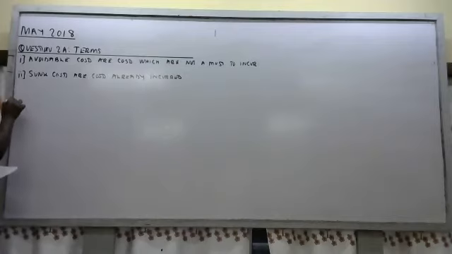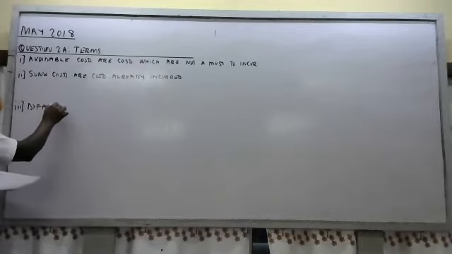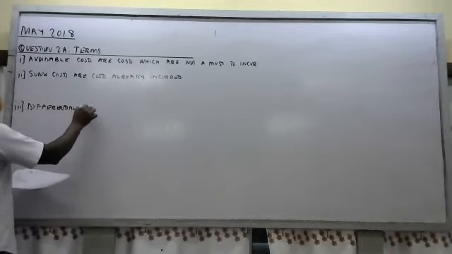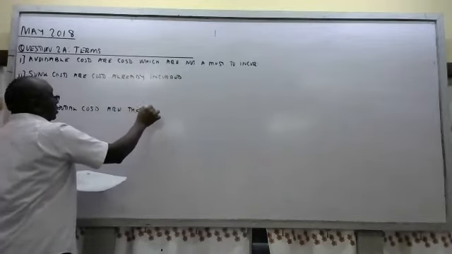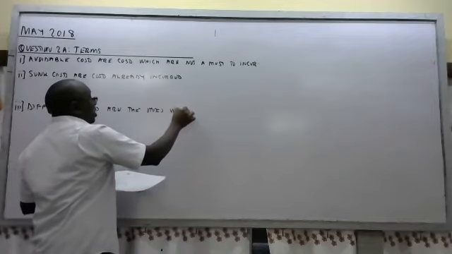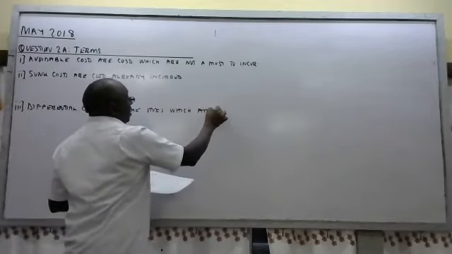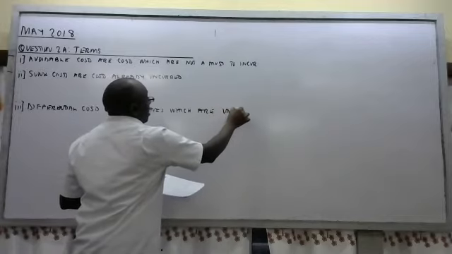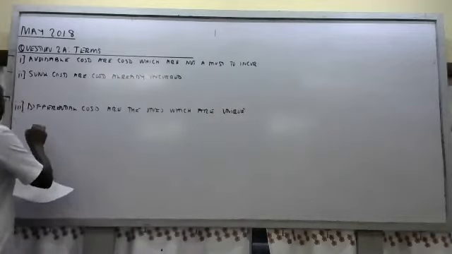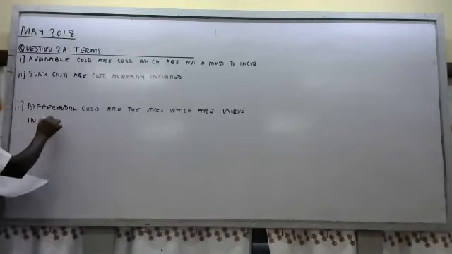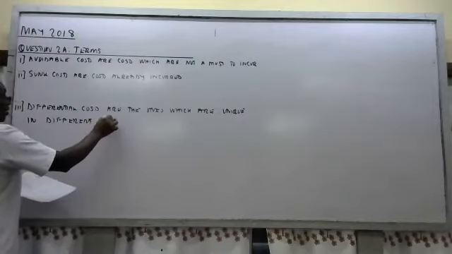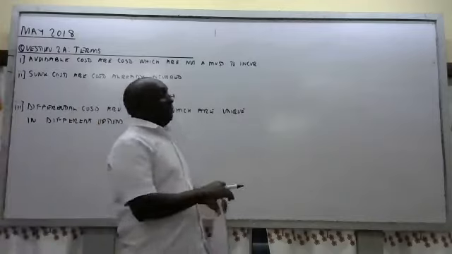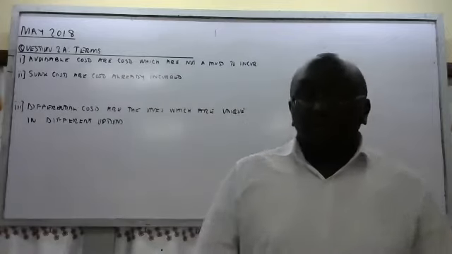And then differential costs are the ones which are unique in different options. So if that is good enough, you can add more when you read on your own.